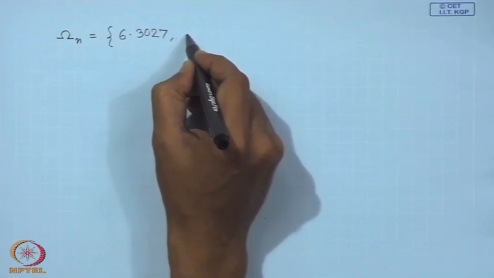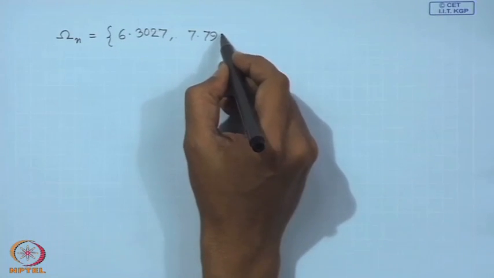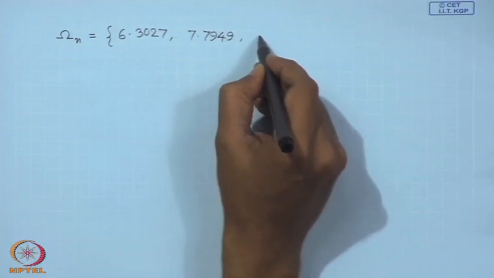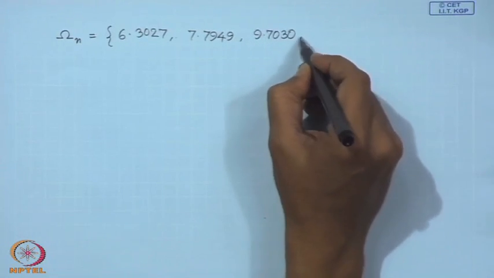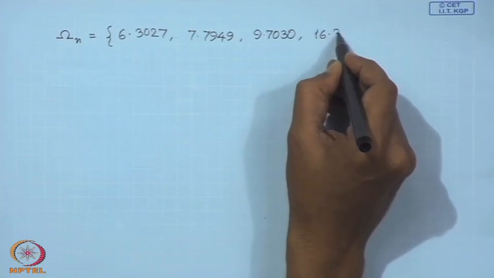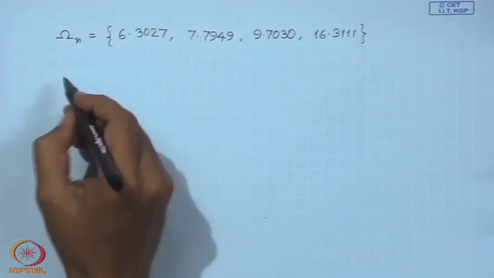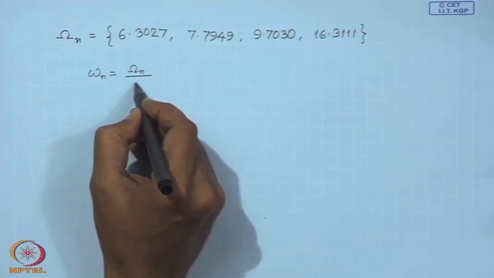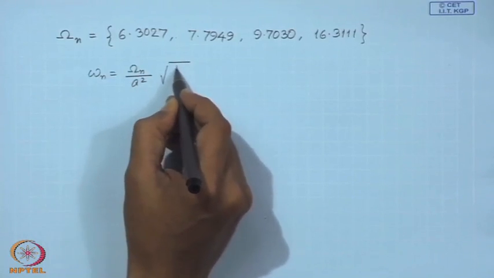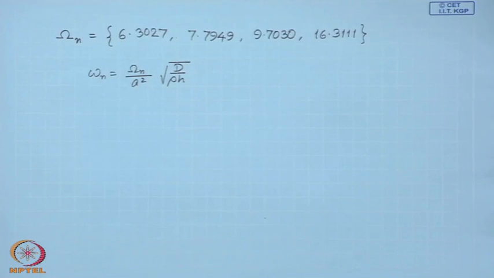The first few circular eigen frequencies are obtained like this, and the dimensional eigen frequencies are obtained from here.